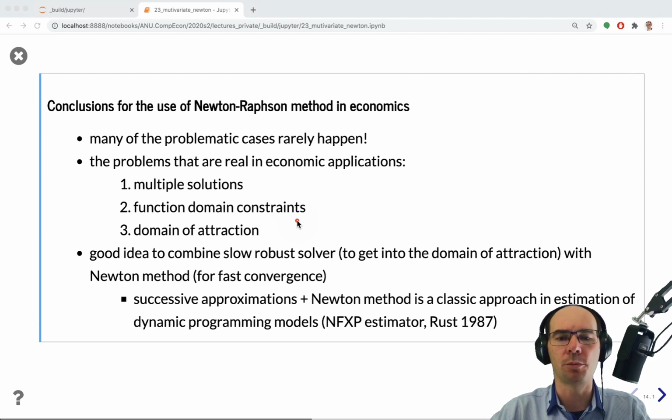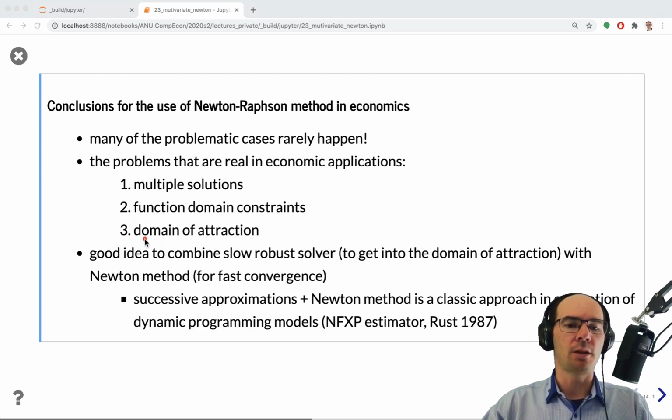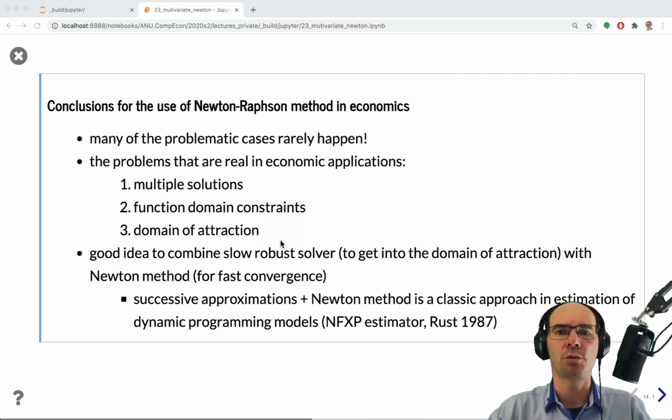And you will have to basically work around that, or maybe reformulate the problem, or maybe study the theoretical properties of the problem, which is always a good idea. Now, finally, domain of attraction. So we want to start Newton in the domain of attraction to ensure convergence and also fast convergence, as opposed to starting it outside and seeing it diverge.